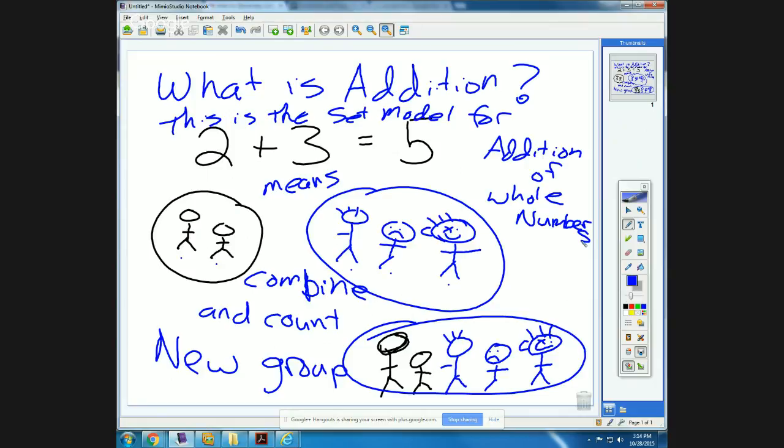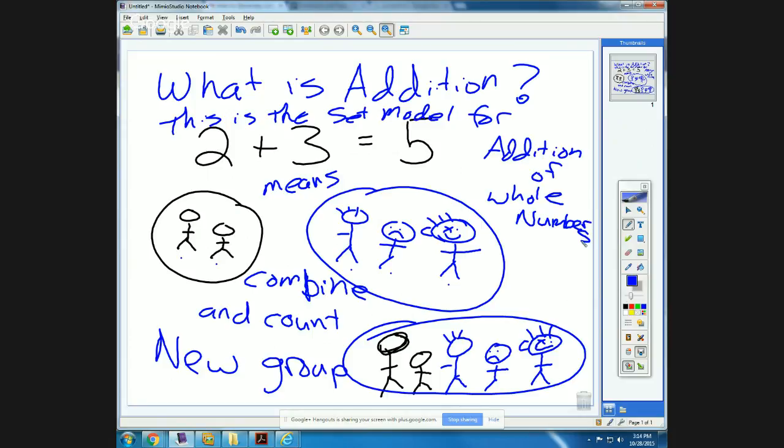We'll have to think later, what would it mean if they could be positive or negative? What would it mean if they could be fractions or decimals? Then we have to kind of rethink the ideas. So that's the set model. Does that seem pretty, like we all have that idea in our head? Putting it on paper might be a little challenging because it seems like, oh, what do you mean? 2 + 3 is 5, duh, right? We take it for granted, but it's the idea of combining and counting.